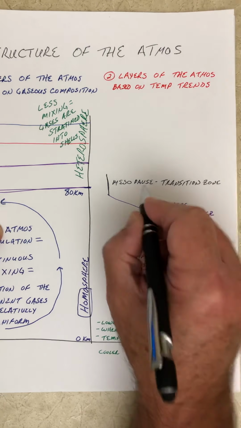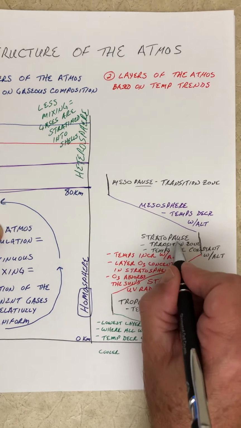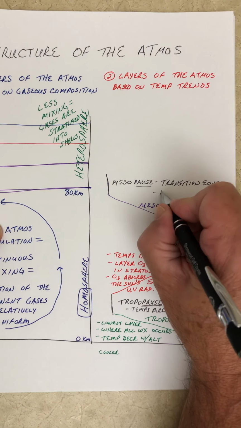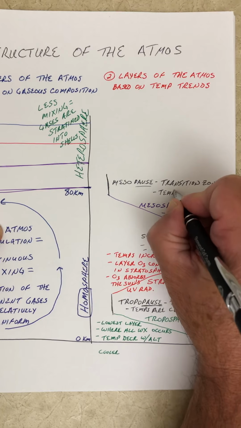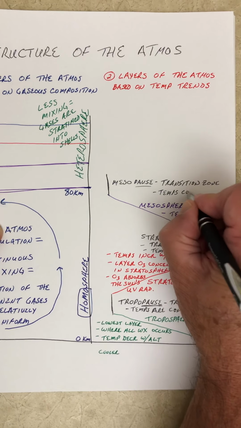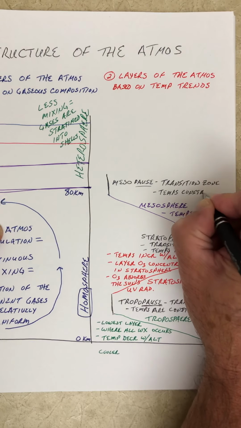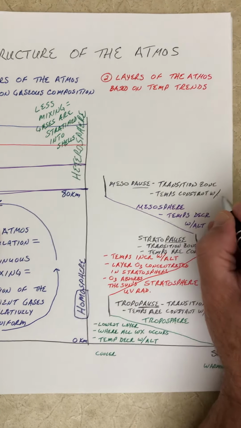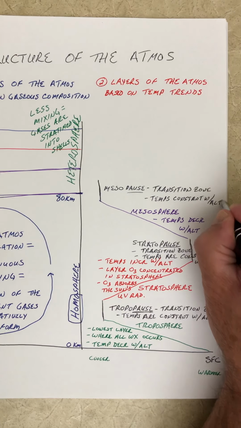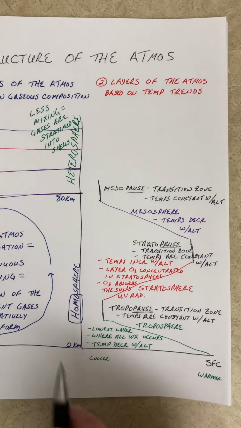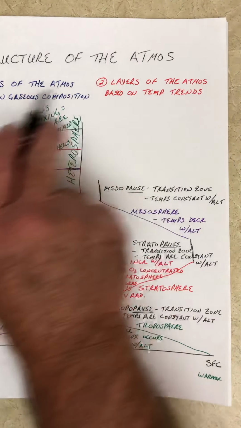And in the mesopause, wherever you see the word pause, temperatures are constant with height. Or altitude, I guess I should use. It should be consistent. Okay. Temperatures constant with altitude.